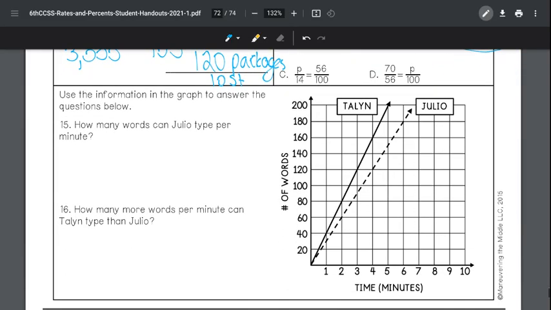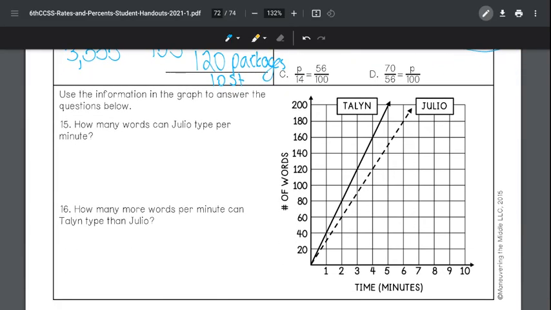Use the information in the graph to answer the questions below. Number 15, how many words can Julio type per minute? All right, so if I look at Julio's dotted line, in 1 minute he can type about that many words. But I don't like that because it's not exact. So I'm going to continue looking at his line until I find a point that hits at an intersection.